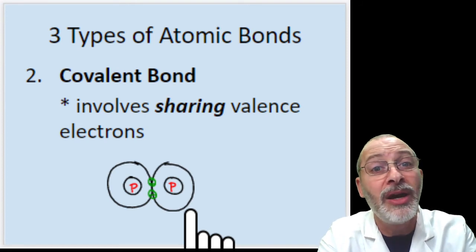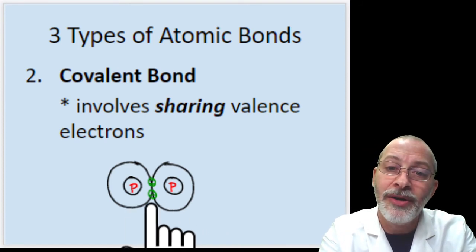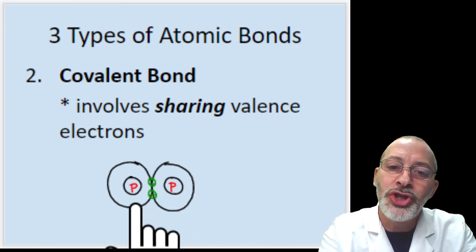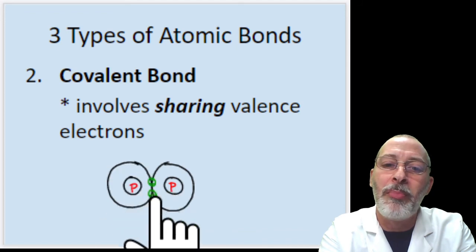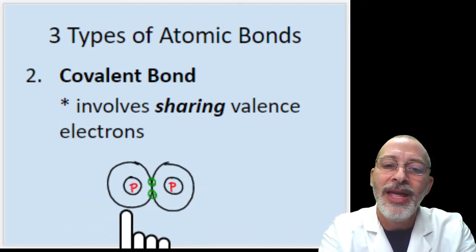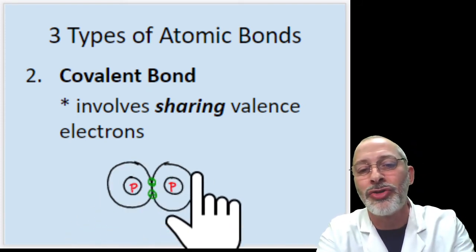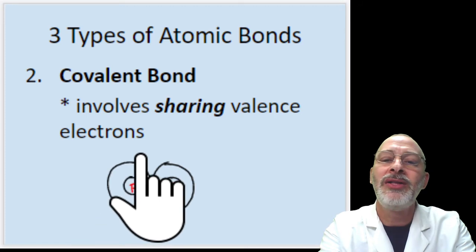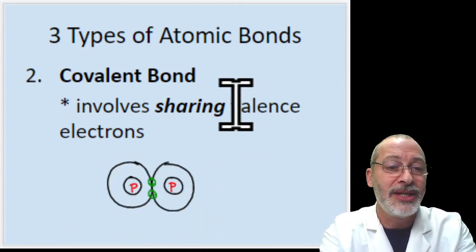They'd both be unstable. But when they get close enough together, each of them share their electrons, which then orbit both of the nuclei together. And it is that sharing of the valence electrons which bonds these covalently bonded compounds together.